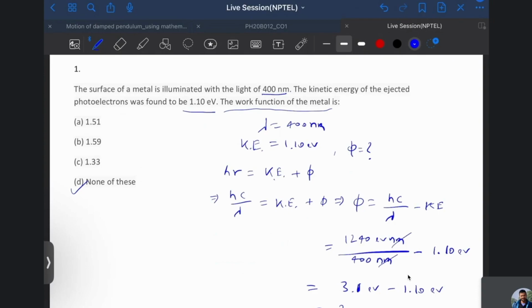Is it hc by lambda, sir? Yeah. 1240 eV nanometer by 400.